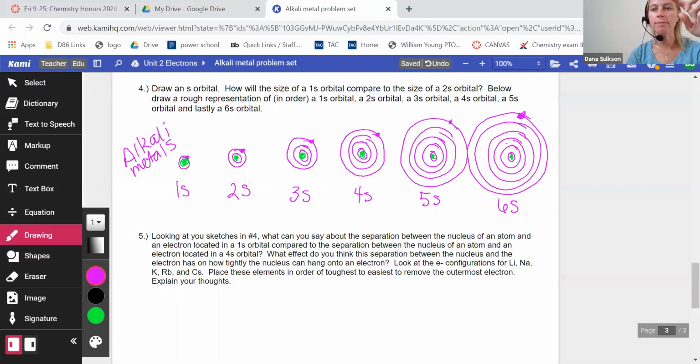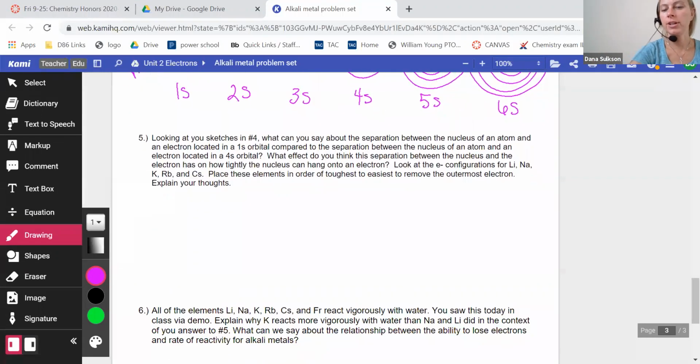So that's why in that video that you watched of the reactions with water, as you went down, let me bring my periodic table out. As you go down from lithium to cesium, and potentially they gave you the example of what francium would look like, your reaction would happen more and more vigorously, because the electrons can be taken off easily. You don't have a good hold on it.